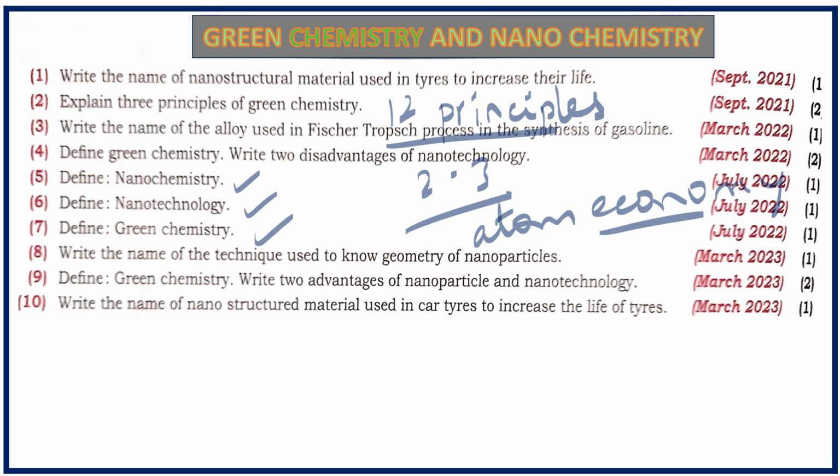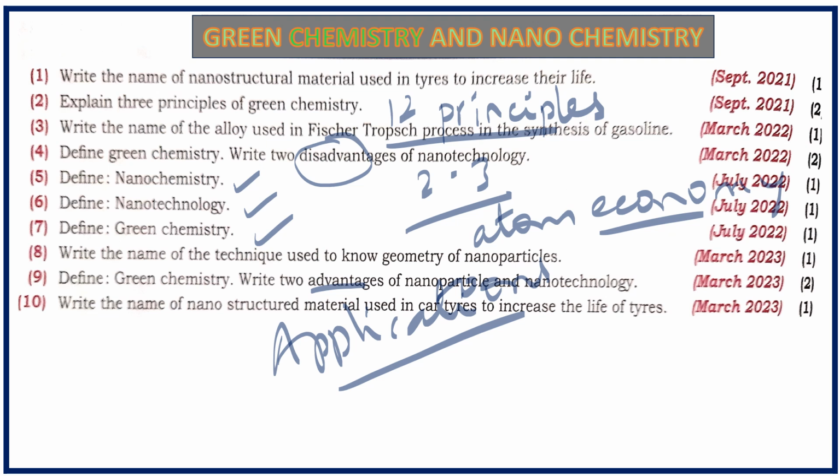After this one should go through advantages, then disadvantages of all the three: nanochemistry, nanotechnology, green chemistry. Finally, very important are applications, uses of this technology in industry. So one should go through the uses of green chemistry or nanochemistry in our day-to-day life.